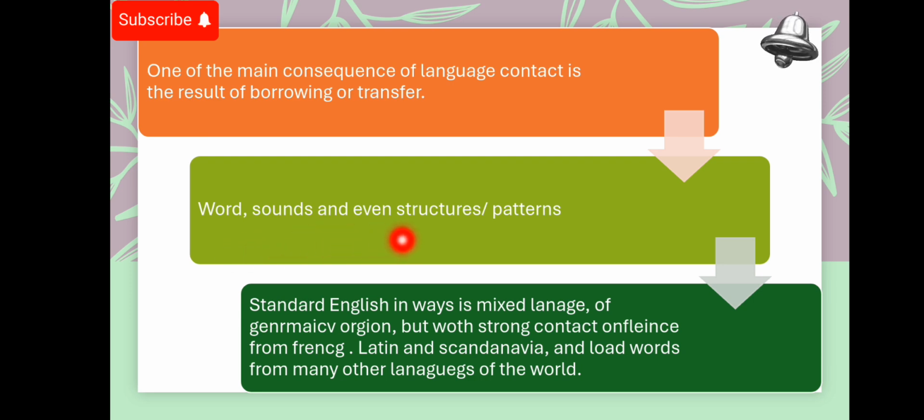Word sounds, even structure patterns, that we transfer and we borrow. So Standard English in ways is a mixed language of Germanic origin. We know that English has Germanic origin, but with strong contact and influence from the French language, because French also invaded England.